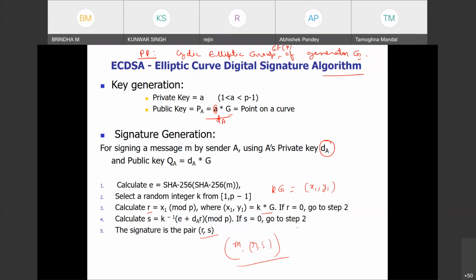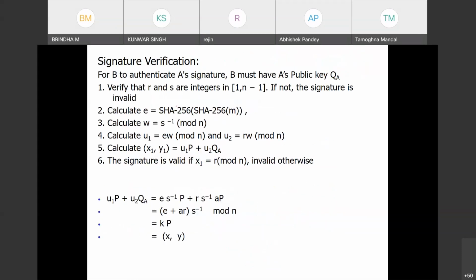The receiver knows the public key, and with that public key he can easily verify. So he knows M, R, S, which is the signature part, and he knows the public key also. What is the public key? QA. With that he can easily verify.